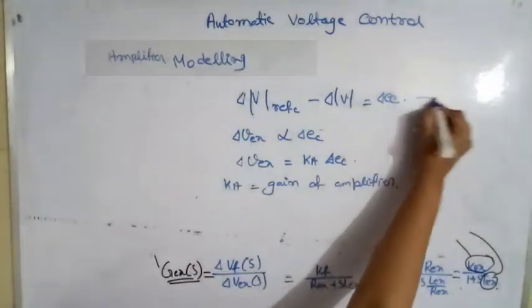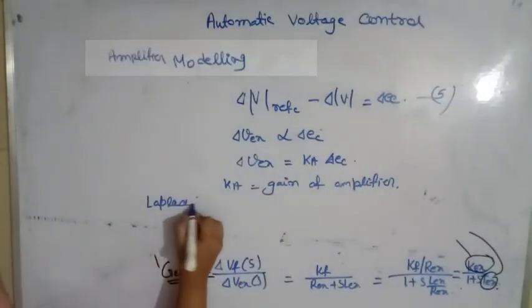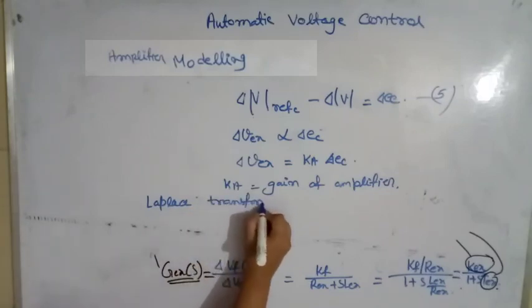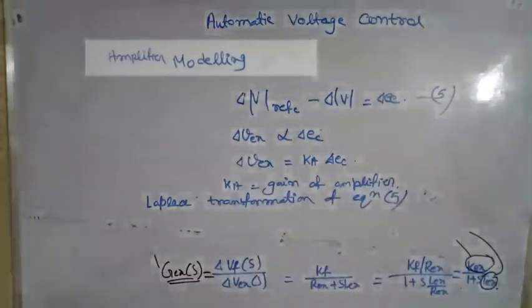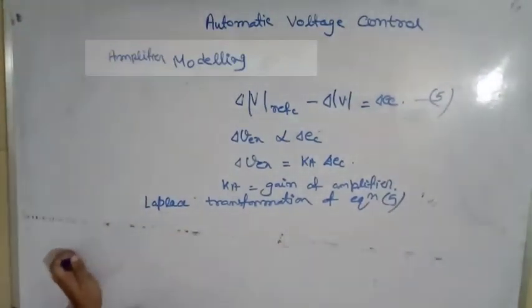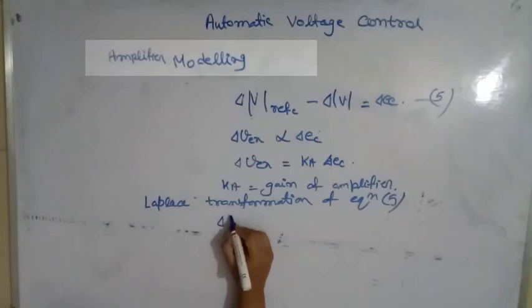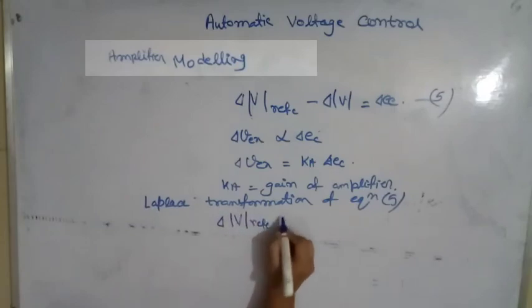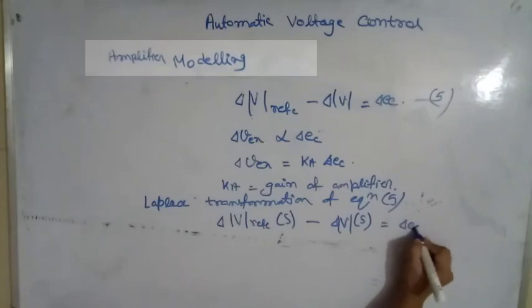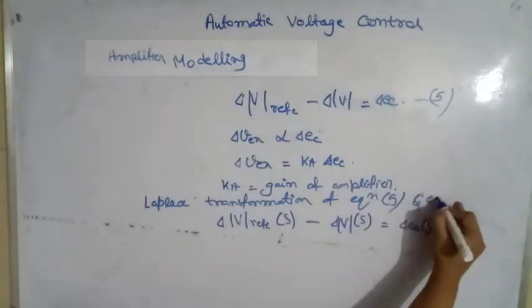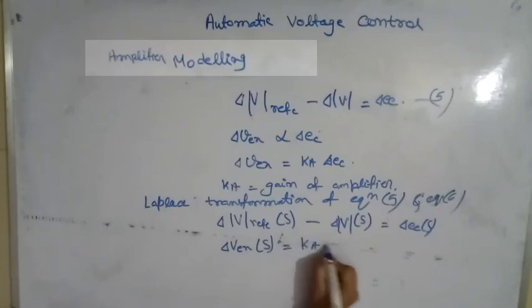Now this is our equation 5. Laplace transformation of equation 5 gives delta V reference, and Laplace transformation of equation 6 is this.